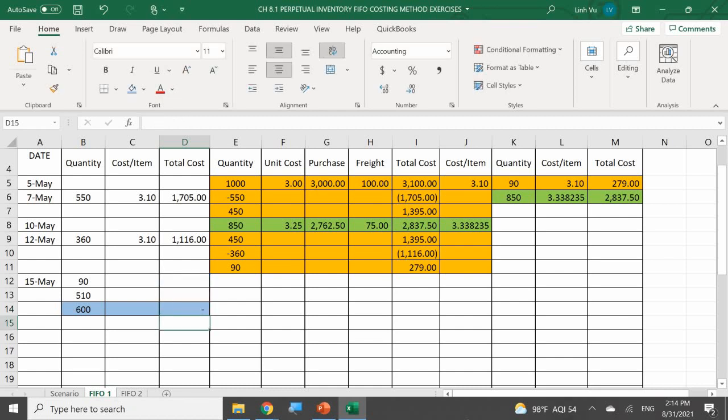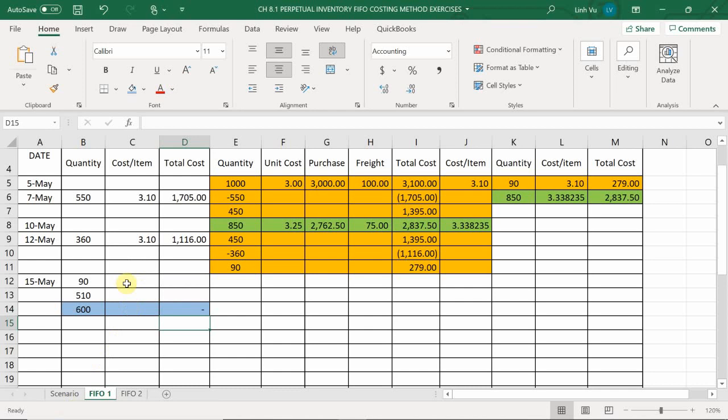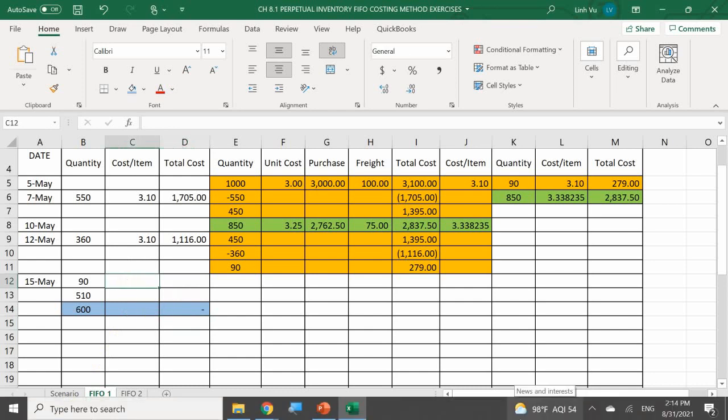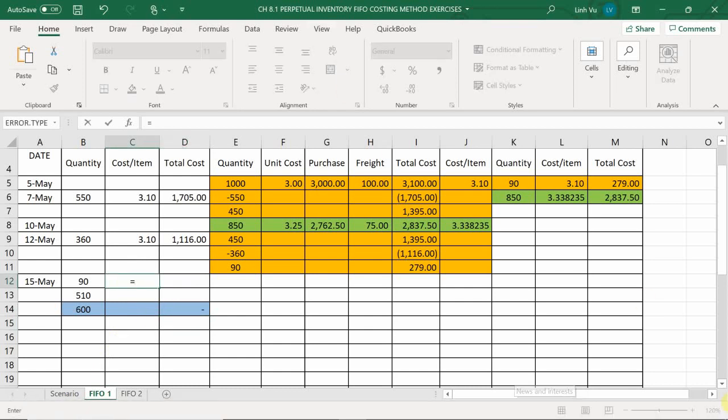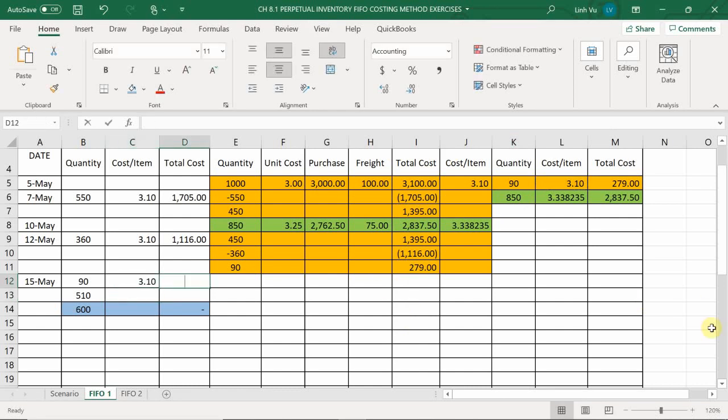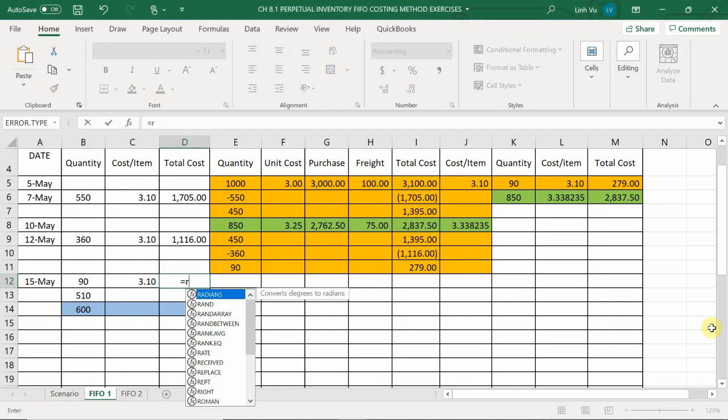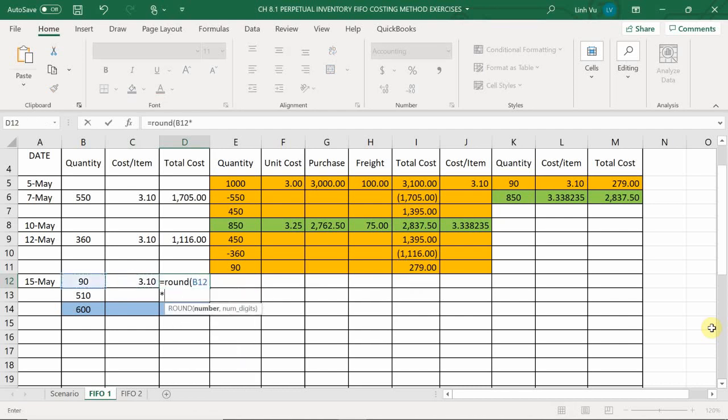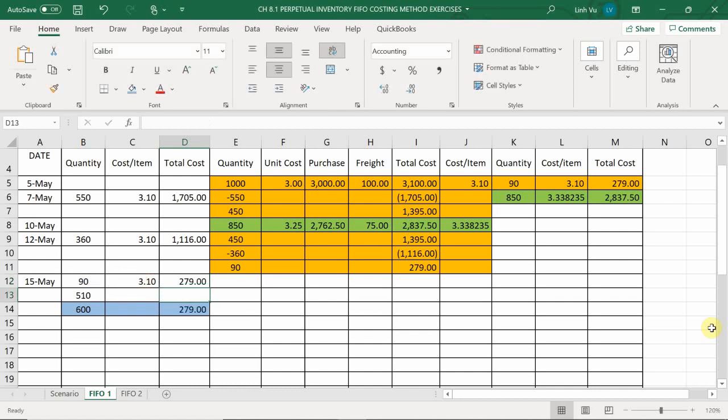So let's take a look at 90 items costing $3.10, which should still give you the total amount of $279. I'm just doing the calculation so I'm consistent here.